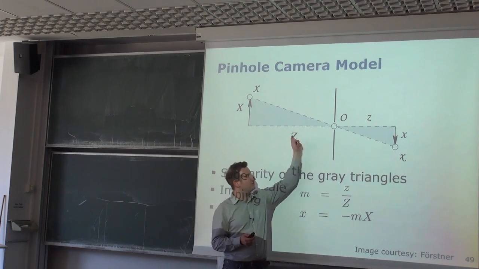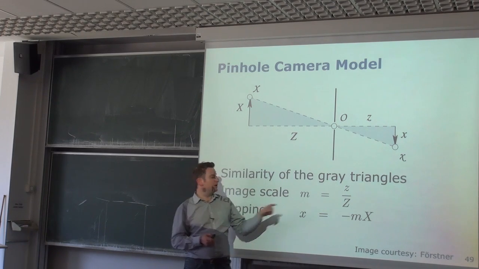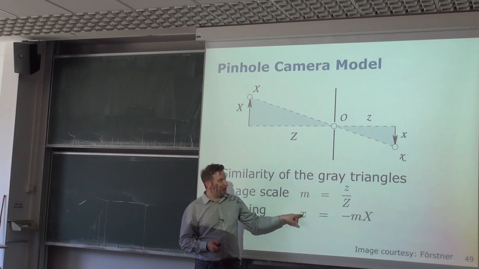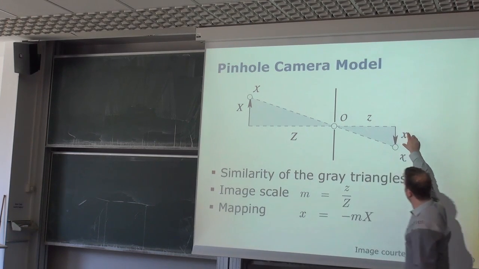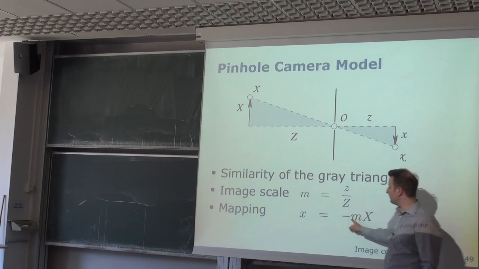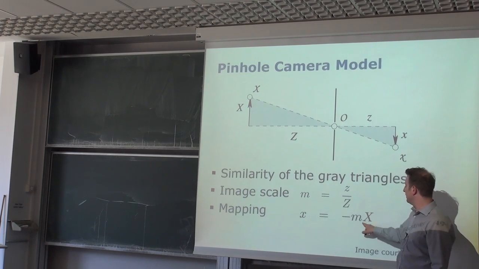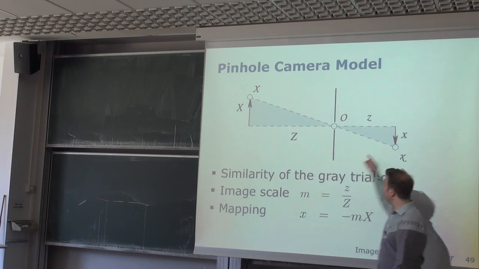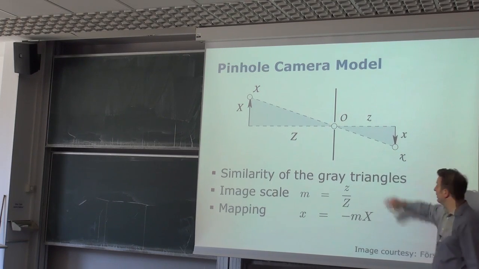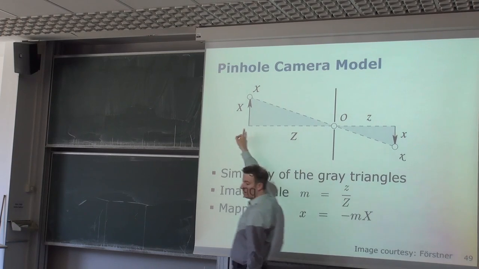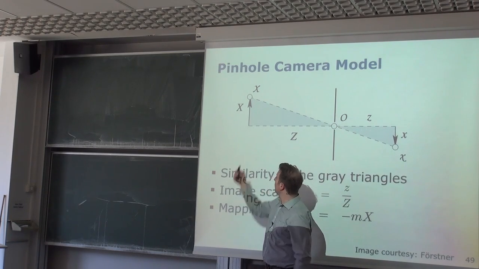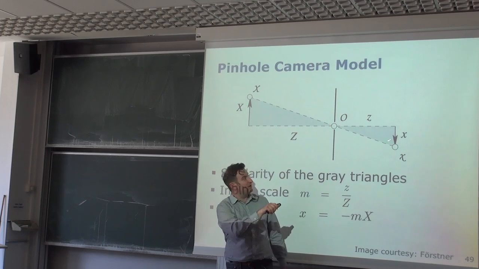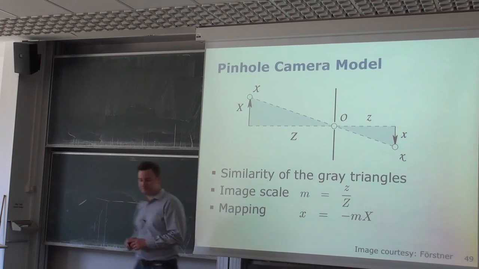If we know those distances Z, we can say the size of this object over here is given by this factor m times X. So we only need to know m in order to estimate where this point in the real world is projected to in the image.